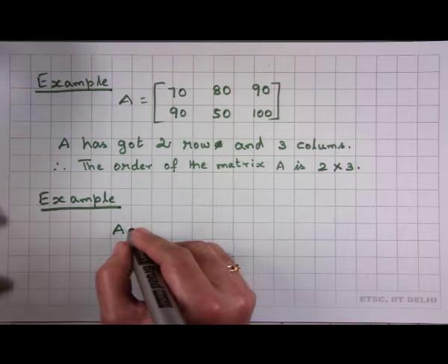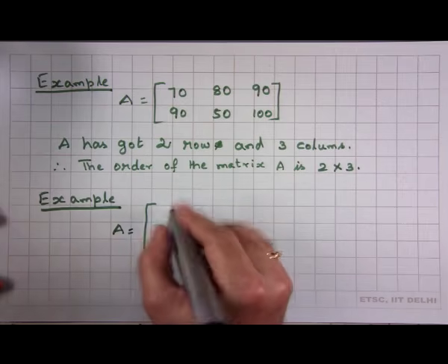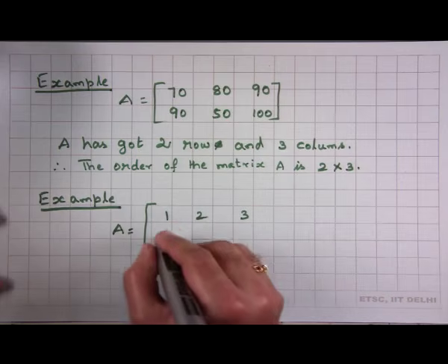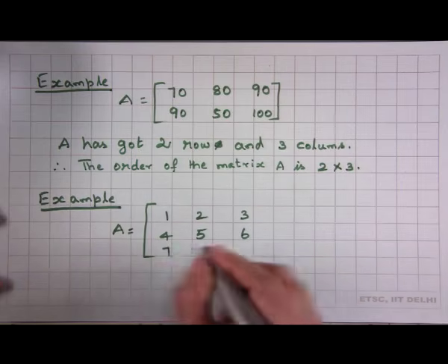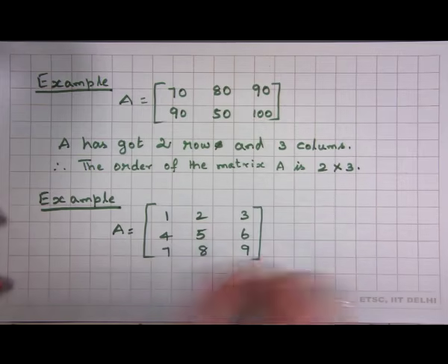Let us do another example. A, which is given by 1, 2, 3, 4, 5, 6, 7, 8 and 9. This is the matrix.